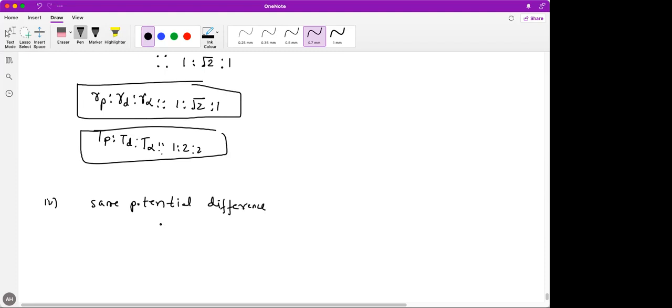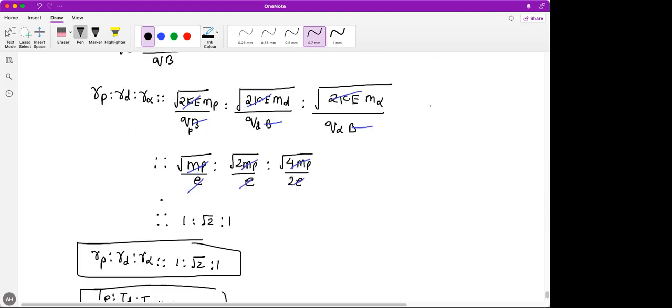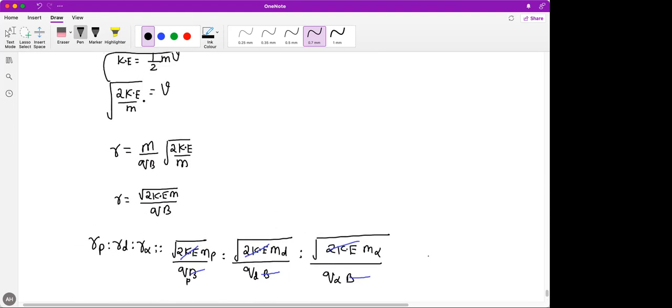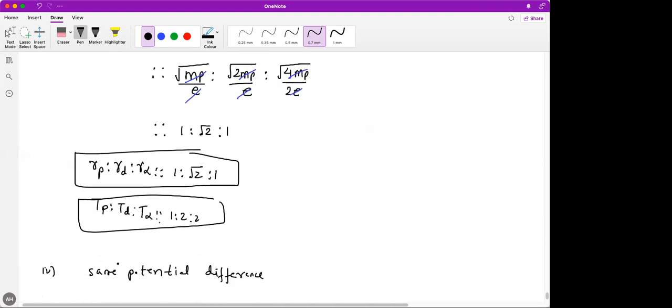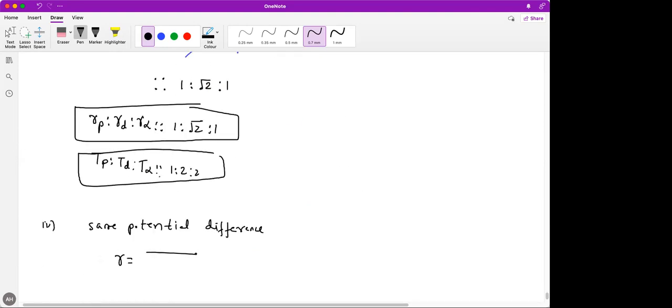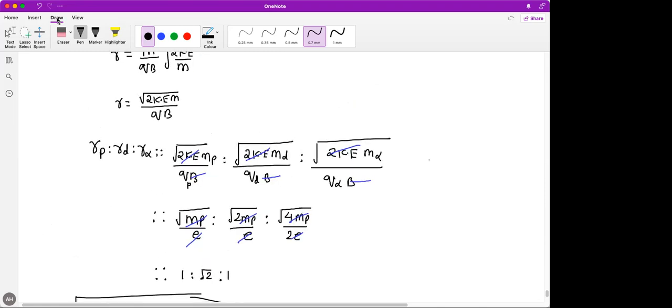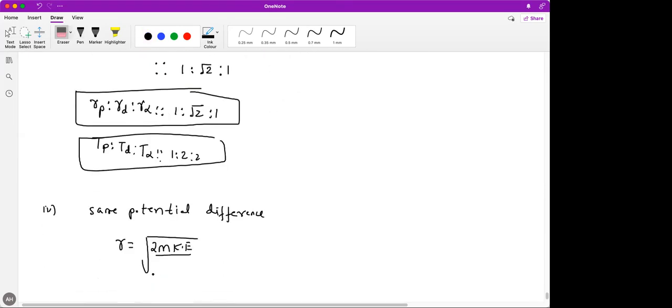For the same potential difference, you can convert this kinetic energy in terms of voltage, in terms of potential difference. So the expression of radius is root over twice of mass into kinetic energy, divided by QB.